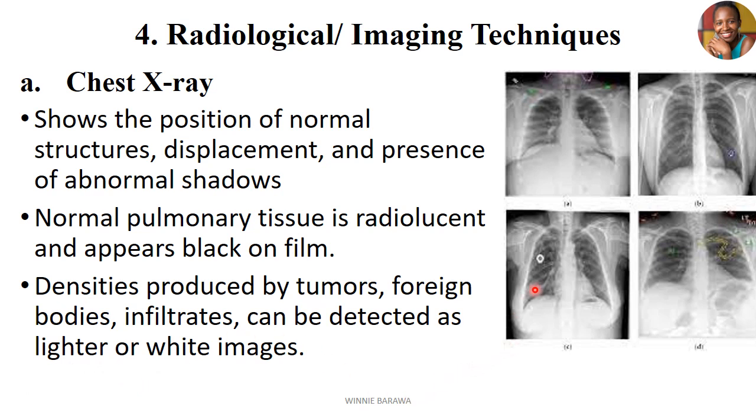For instance, if you compare figure B and figure D, there's a variation even in the size and how the whitishness is distributed in these tissues. This basically explains that there could be some abnormalities in these particular lungs, so you can prepare in advance and explore further to know what exactly these problems could be.